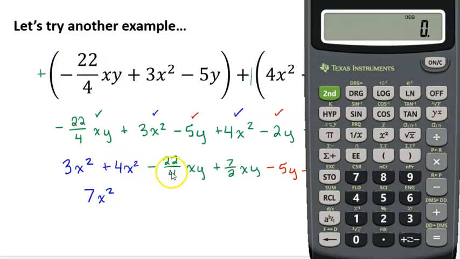And so I know how to add and subtract with fractions. We can use our calculator for that.